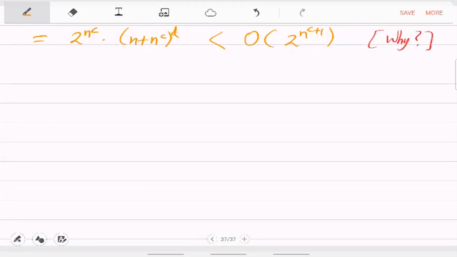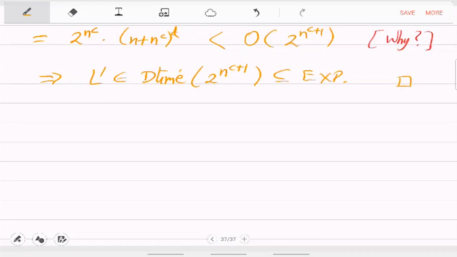Once you have checked this, this finishes the proof. It's an exponential time algorithm. It means that L prime is in time 2 raised to n raised to c plus 1, which is clearly contained in EXP. Okay, so that finishes the second part.